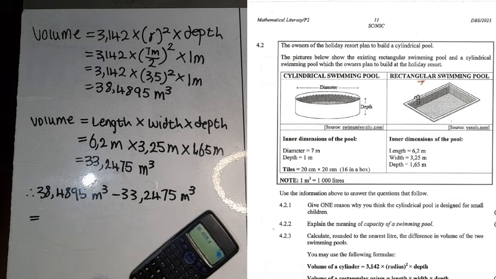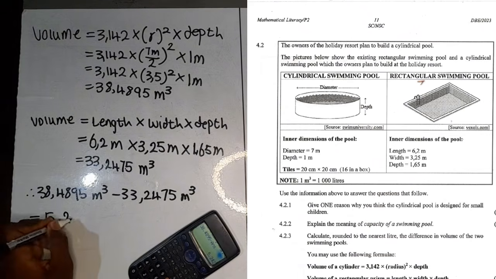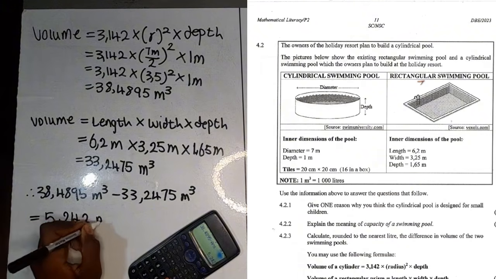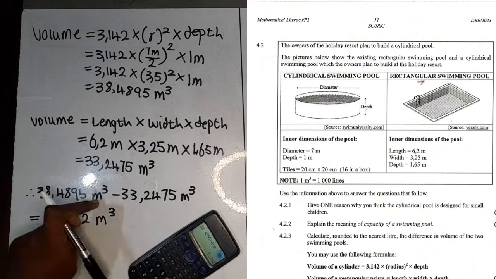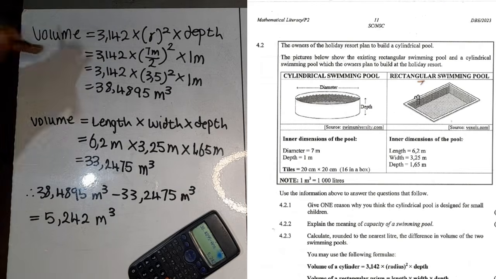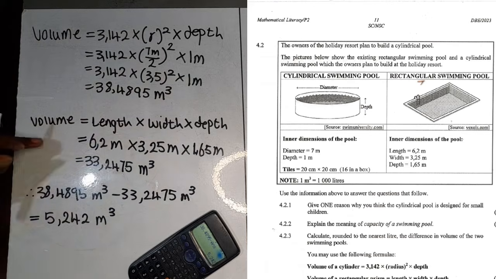That gives us 5.242 meters cubed. So this is the difference between the volume of the cylindrical pool and the volume of the rectangular swimming pool. The difference is 5.242 cubic meters.